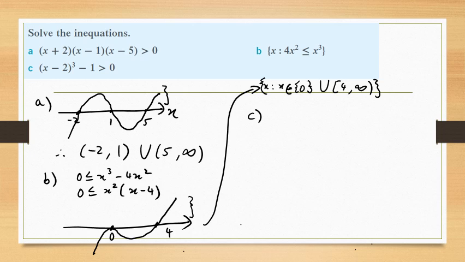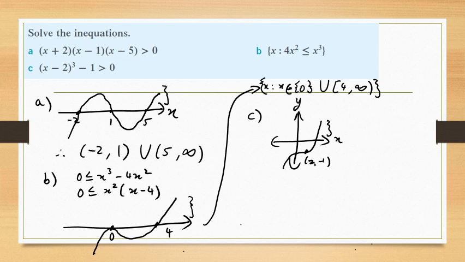Anyway, see. So this isn't a point of inflection. What that means is you'll kind of have to get a little sketch of this to see what it's like. The point of inflection is at (2, -1), and again it's positive. So here's (2, -1). If we have a look, we want the section greater than 0, which is this section, which means we need to actually find the x-intercept.